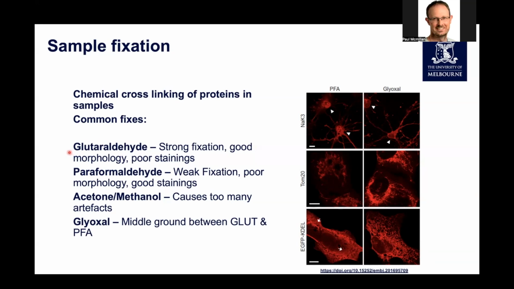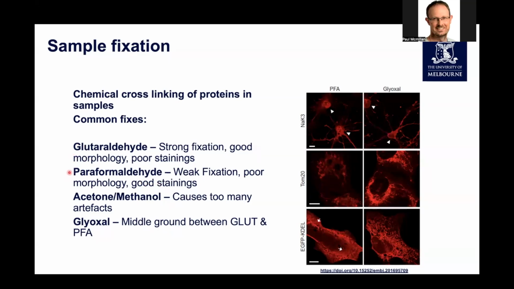Glutaraldehyde, for example, will give you strong fixation, good morphology, but often results in poor staining if you're using antibody-based staining. Paraformaldehyde, for example, will give you weak fixation, poor morphology, but allows you to have good stains. So often these are used in combination.